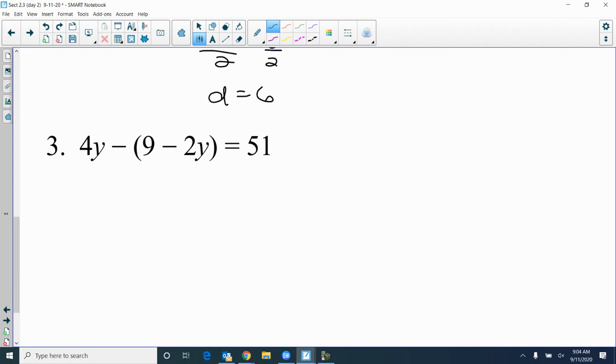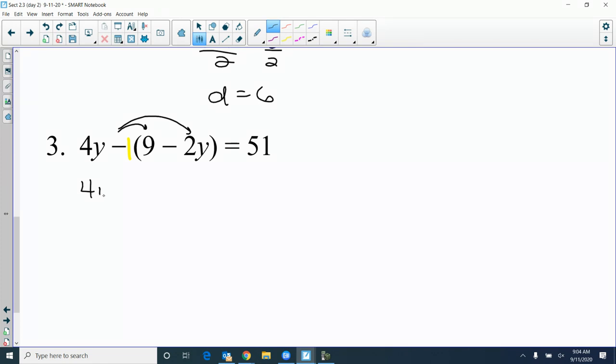All right, I'll do the first step and then I'm going to let you finish this. Because you have a parentheses and we have a minus sign in front of it, we said anytime this happens, think of this as a -1. We're going to distribute that -1 to both of those. So what happens?